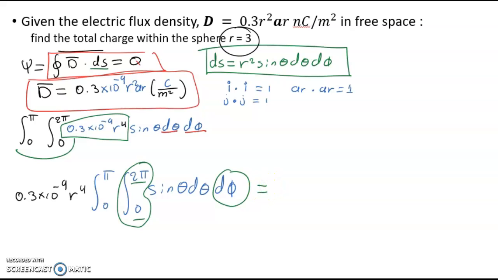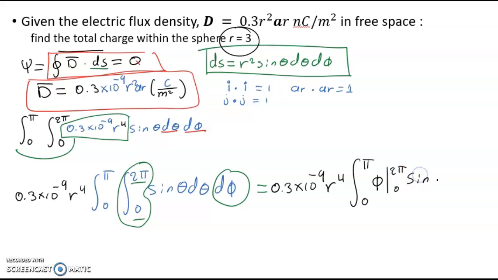So we can write the whole expression as 0.3 times 10 to the minus 9 r to the fourth, integral from 0 to pi of phi evaluated from 0 to 2 pi times sine of theta d theta. When we evaluate a constant from 0 to any number, we just replace it by the number on the upper limit. That means this becomes 2 pi.